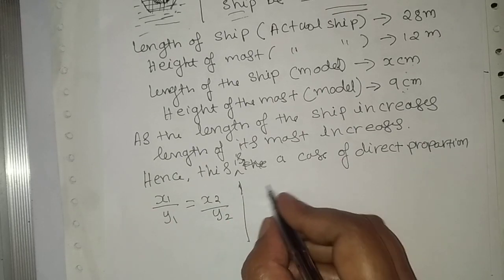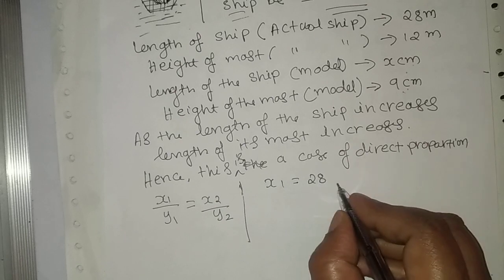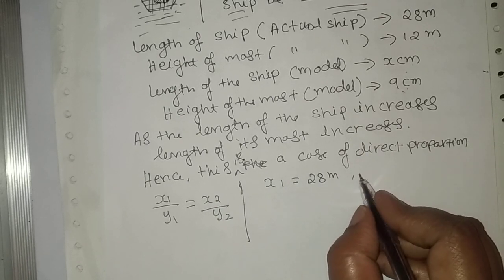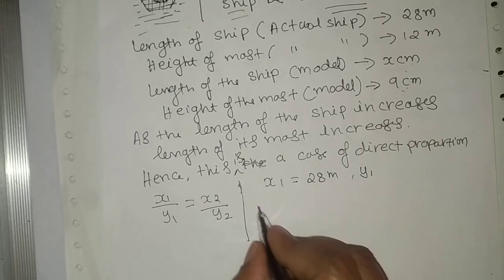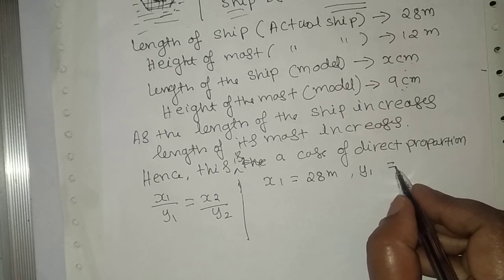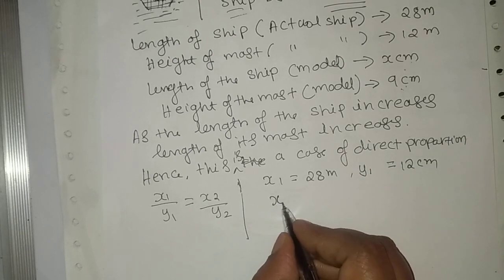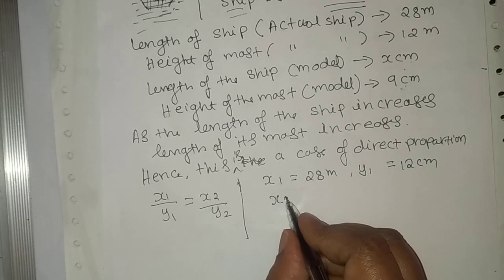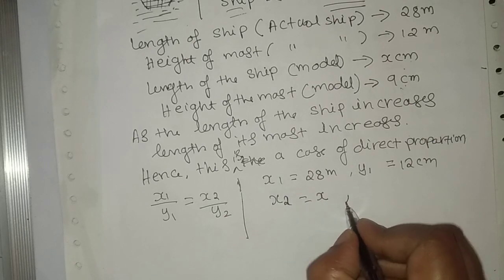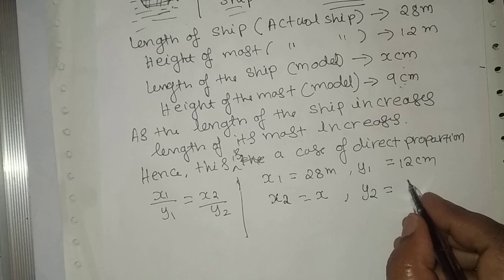So the data given is x1 is equal to 28 meters, and y1 is equal to how much they have given? That is, first is 12 meters, then x2 is equal to x we have taken, then y2 is equal to 9 centimeters.